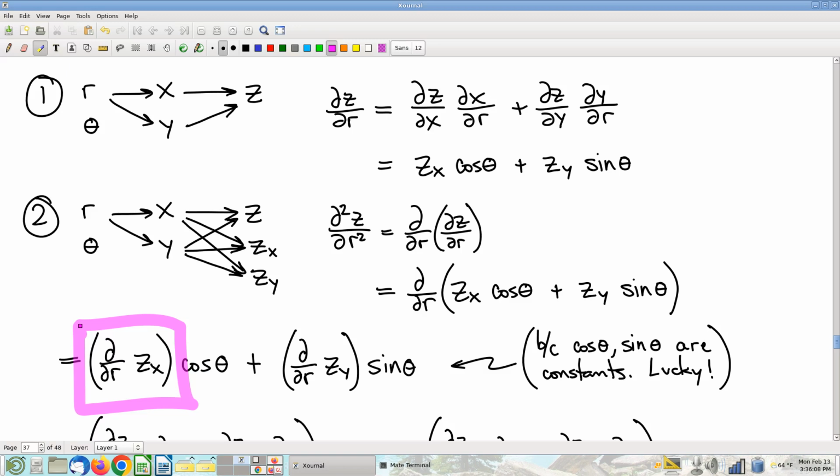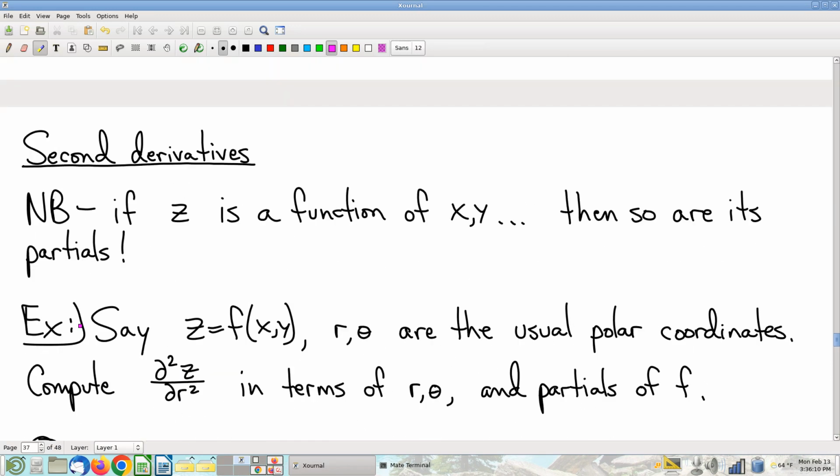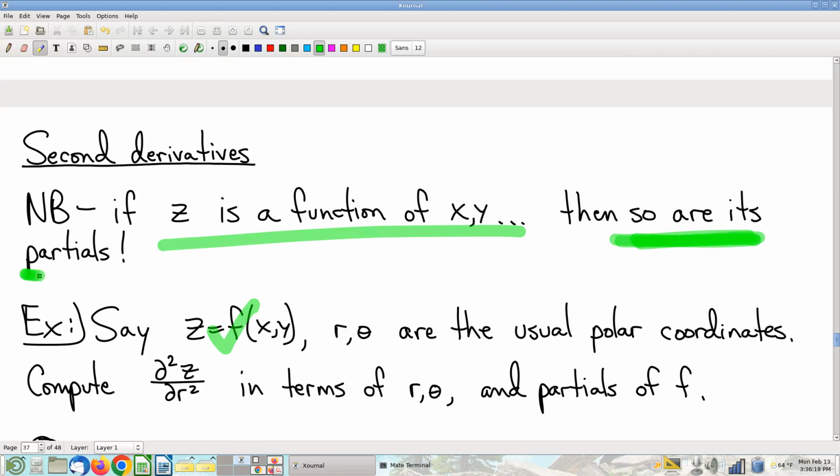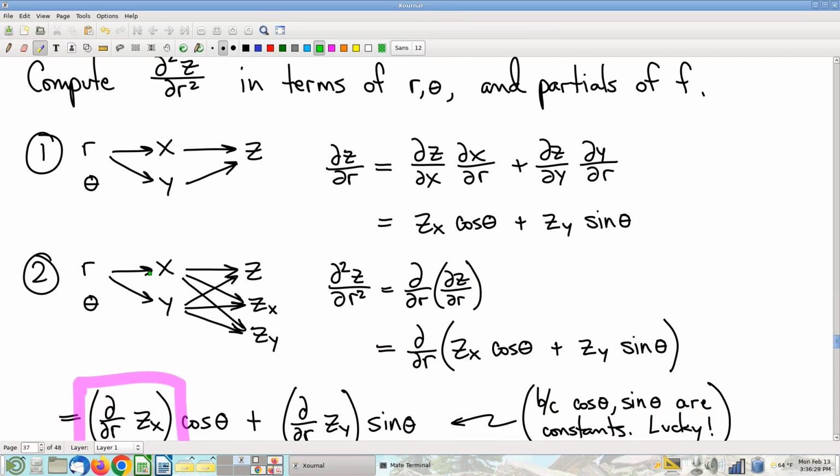This, though, is where this initial big point kicks in. If z is a function of x and y, as this is, then so are its partials. So zx, being a partial of z, is a function of x and y. And I'm going to indicate that on my updated, revised diagram.